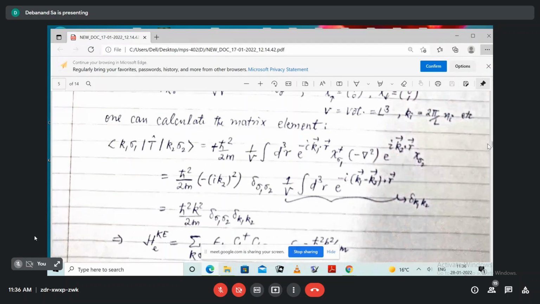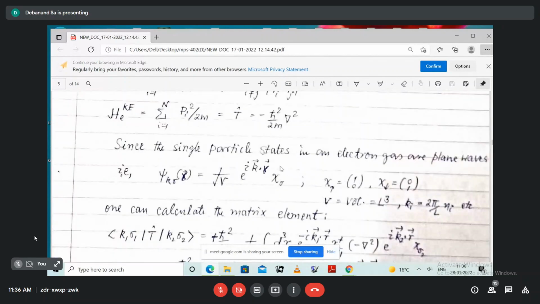I said it's a plane wave. So your K1 is basically psi K1 sigma 1, which is 1 by root V, some such thing, with chi sigma 1. So we can do this.